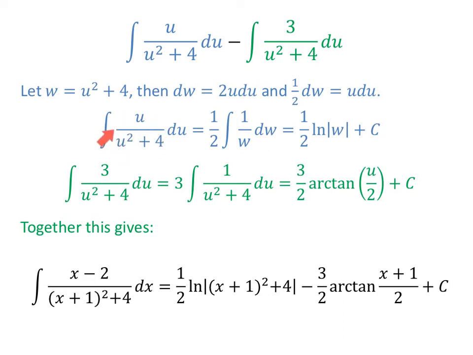So the integral of u over u squared plus 4 du, I replace du with 1/2 dw. Takes care of my u du, 1/2 dw. U squared plus 4, that's my w, so that's 1 over w. And look, we do have an integral that gives us 1/2 natural log of the absolute value of w plus c.